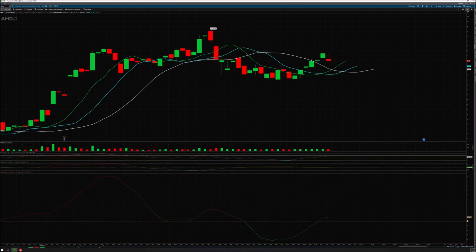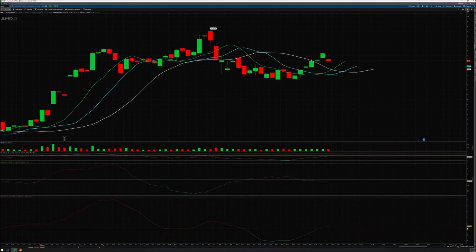You could add the price oscillator too, and it could tell you almost the same thing. See here, price has gone green, but you have to study these oscillators. Like I said, most of those indicators that they built are based on these two indicators, and there's another one I can't think of right now, but it's based on these two indicators.